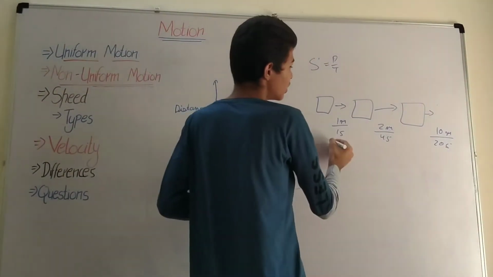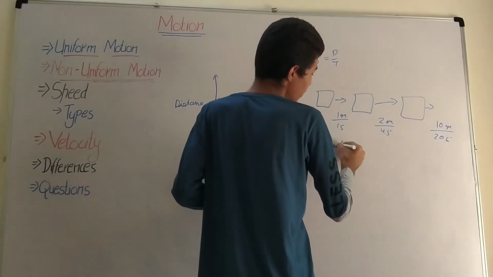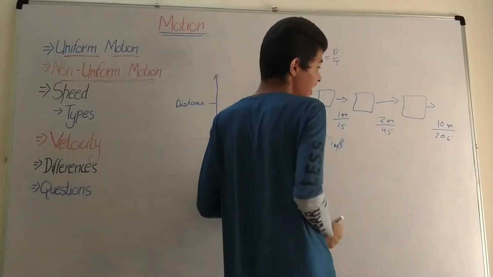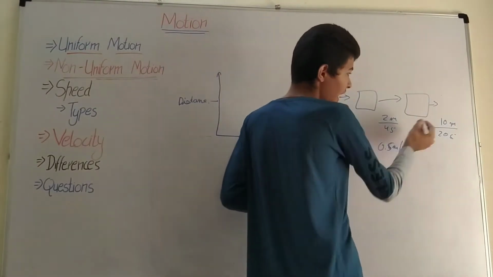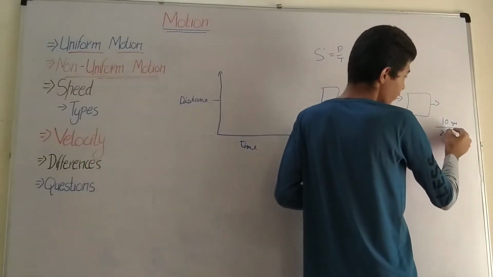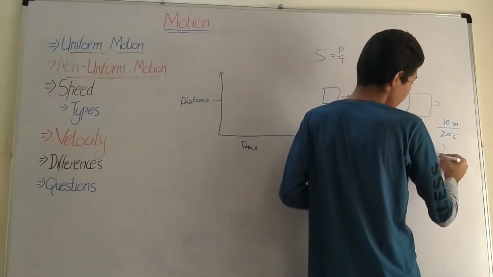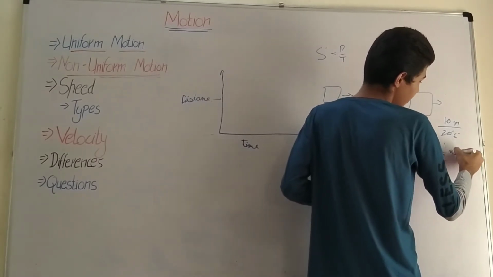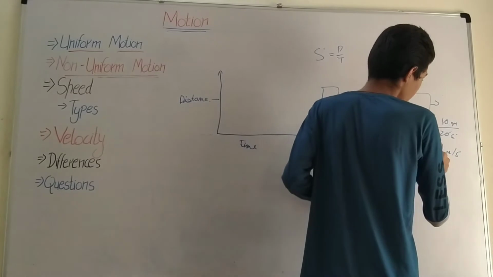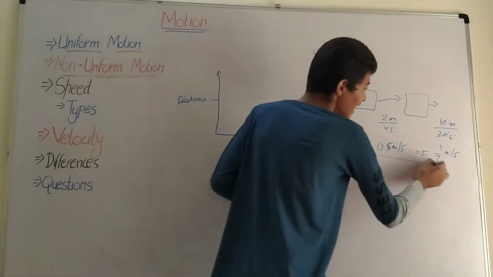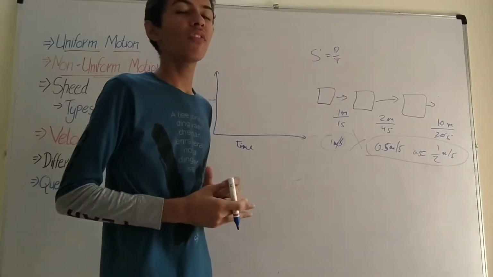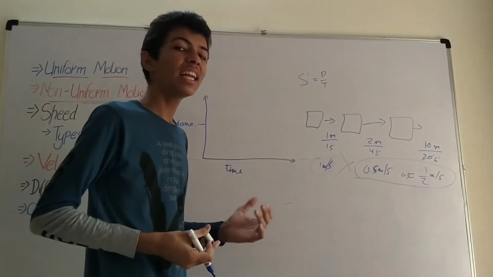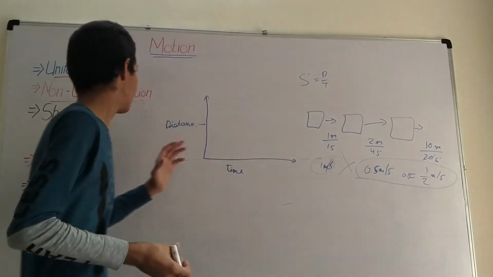So here the speed would be 1 meter per second. Now in this case it would be 0.5 meter per second, and here it would be 0.5 meter per second. So now these two cases are equal, but one case is not matching. So this is not an example of uniform motion, or it is known as non-uniform motion.